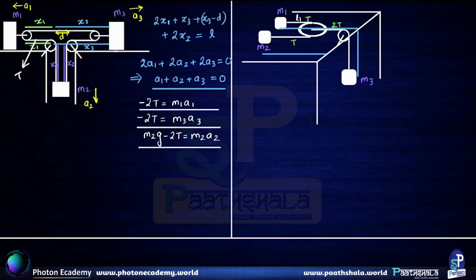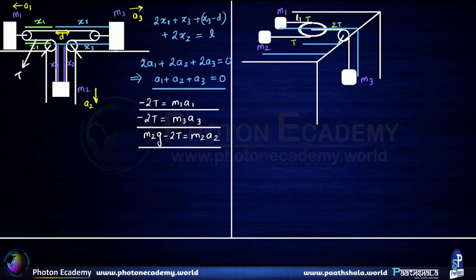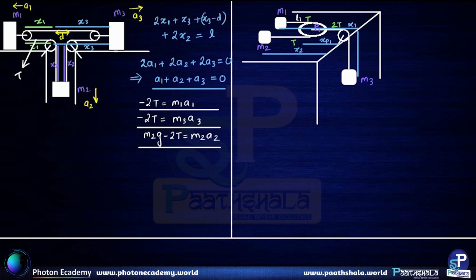Alright, now we also need to take into account the fact that the pulley is also moving, and I'll label the pulley as P1 and the distance of the pulley as xp1 from the rigid support. So this is x1, this is x2, this is xp1 and this is x3.